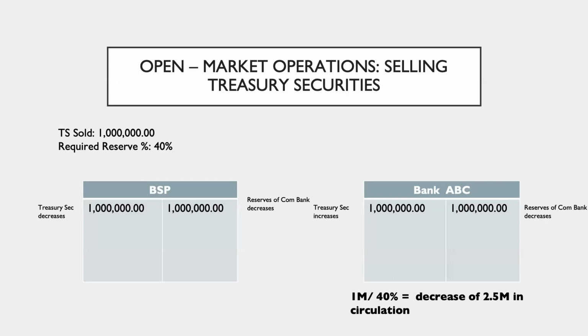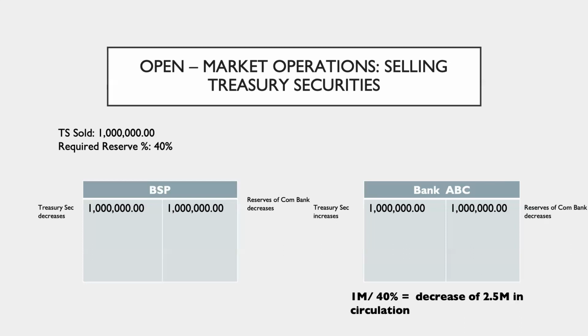So therefore, this move decreased the cash in circulation by 2.5 million pesos.